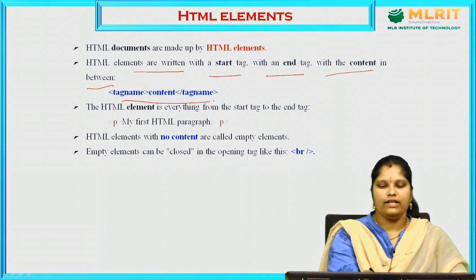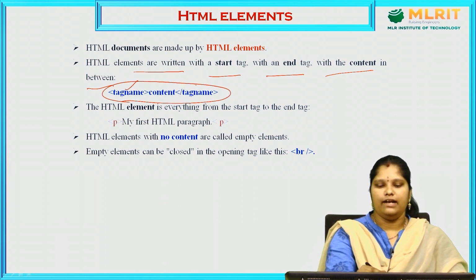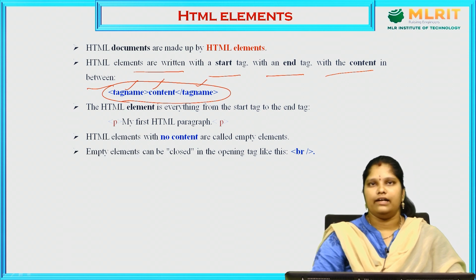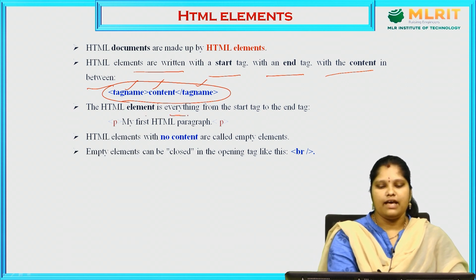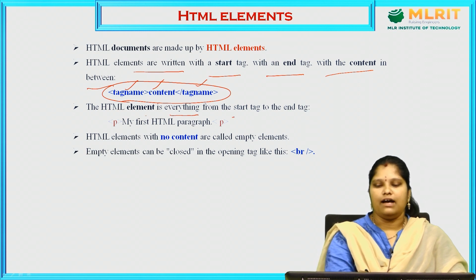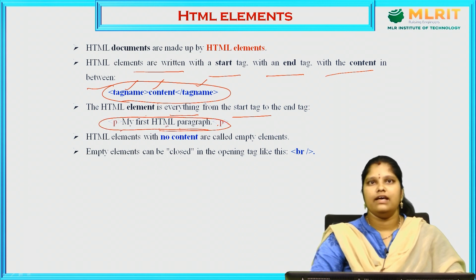This overall is called an element, right? Starting tag, ending tag and the content. The HTML element is everything from the starting tag to the ending tag. This overall paragraph, my first HTML paragraph, and the close P, this combination of both tags with the content is called an element.